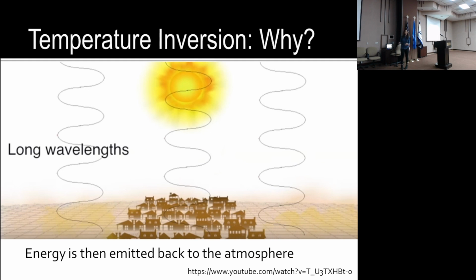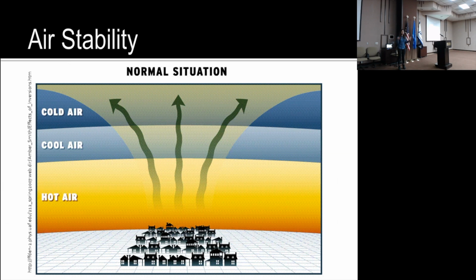As a result, we have energy from the Earth's surface being emitted back into the atmosphere via long wavelengths. Under normal conditions, when we don't have a temperature inversion, we say that the air is stable. And we have this gradual cooling into the atmosphere from that hot surface, and then it's getting colder and colder.